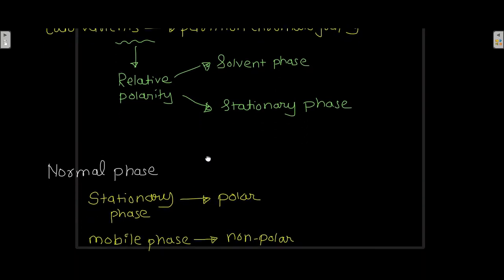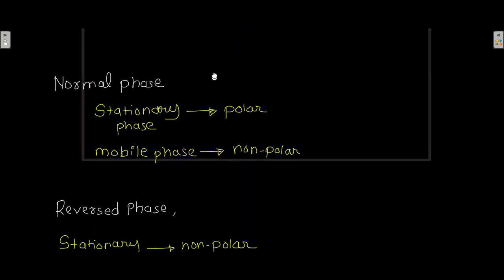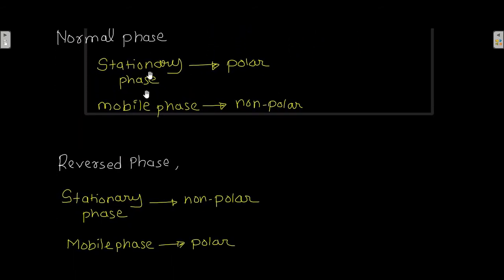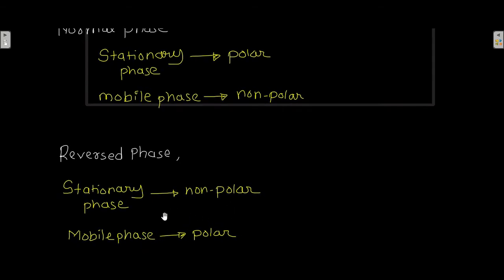Okay, so those two variants of the partition chromatography are normal phase and reversed phase. Now, in normal phase partition chromatography, the stationary phase is polar and the mobile phase is non-polar. And in reversed phase partition chromatography, the stationary phase is non-polar and the mobile phase is polar.